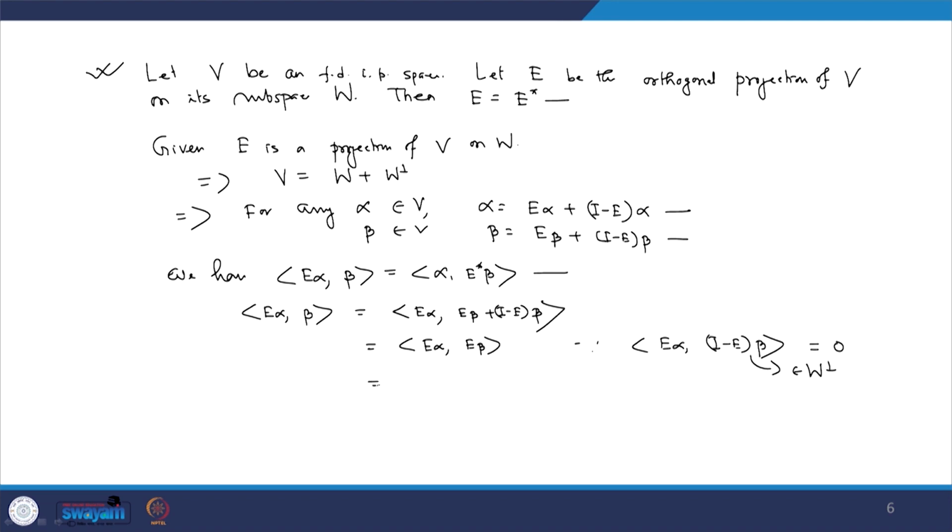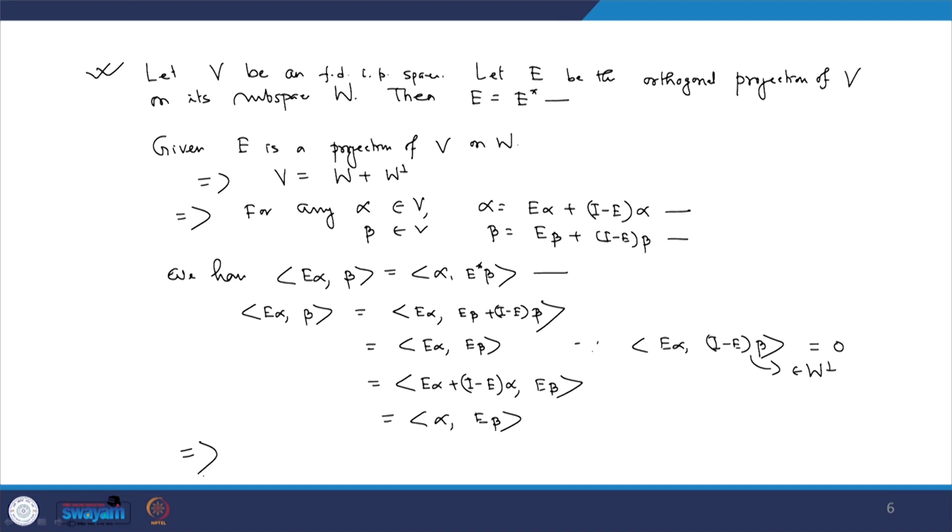So this I can read out again, because the contribution of the inner product of I minus E operating on beta and E beta is 0. So I can rewrite this as the inner product of E alpha plus I minus E operating on alpha and E beta, which is equal to the inner product of alpha and E beta.